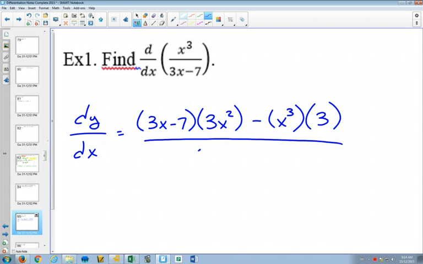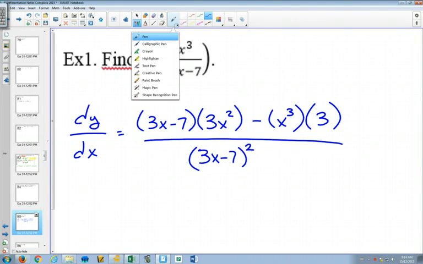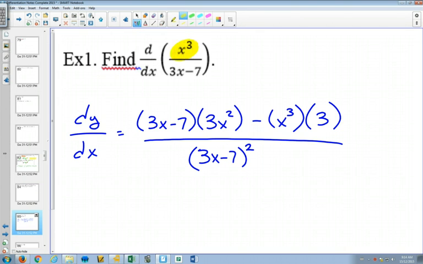All over 3x minus 7 all squared. So then your bottom function gets squared. Just highlighting the things that we had here. We highlight our top function. It stayed the same here. Our bottom function, it stayed the same at the beginning, and then it stays the same on the bottom and gets squared.